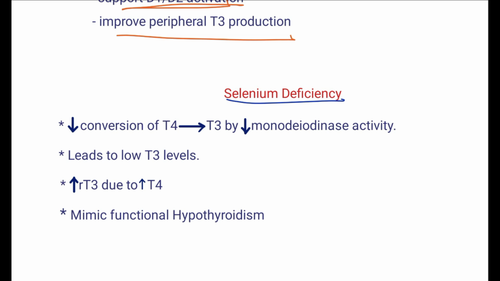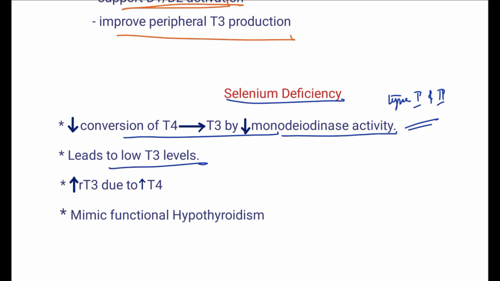Deficiency of selenium results in reduced conversion of T4 to T3 and decreased monodeiodinase activity, especially monodeiodinase type 1 and type 2. This leads to low T3 level despite normal or even high level of T4. As the decreased conversion of T4 to T3 leads to increased level of T4, this T4 is then converted to reverse T3.